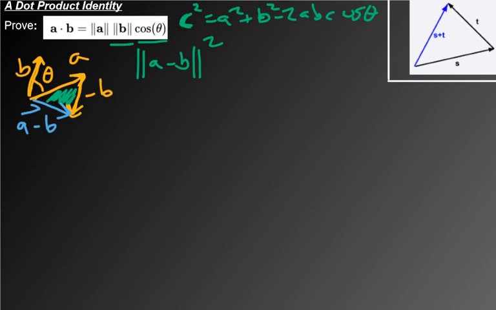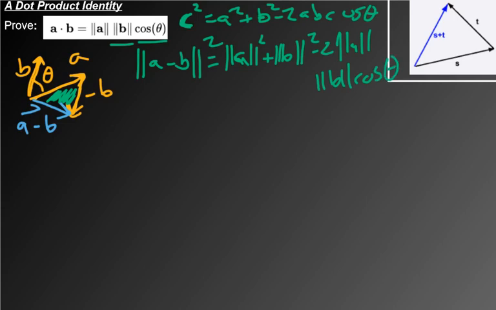So we have the magnitude of a minus b squared equals the magnitude of a squared plus the magnitude of b squared minus 2 times the magnitude of a, and I'm running out of room, times the magnitude of b times the cosine of theta. And this is where we're going to use a little fact from last class, so I'll tuck this in over here.